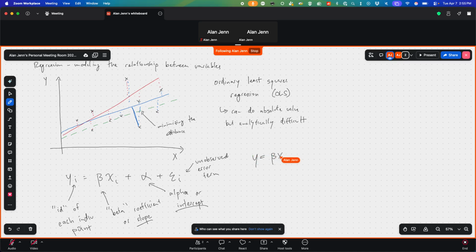So beta x plus alpha. This is the one that I just wrote down: beta x_i plus alpha plus epsilon_i.